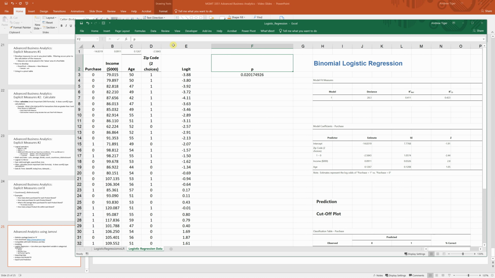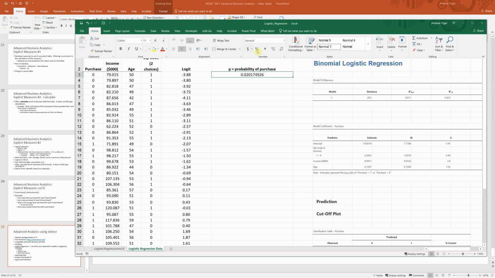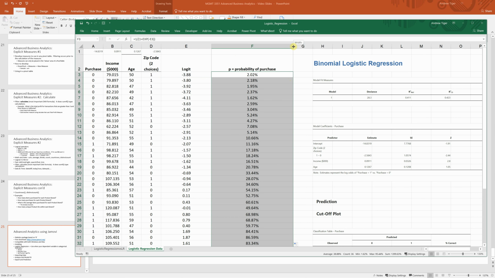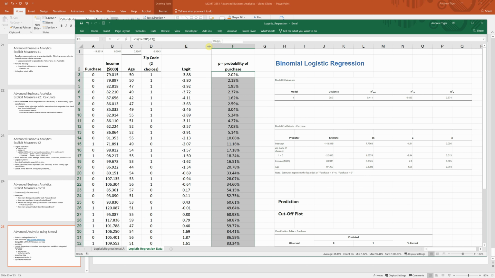This is the probability of purchase. That's 2%. You can show it as a percent if you want. That's fine with me. Or you can show it as a number. I don't care. Now I'm going to copy this down for the rest of them. Let's make this a little smaller again.